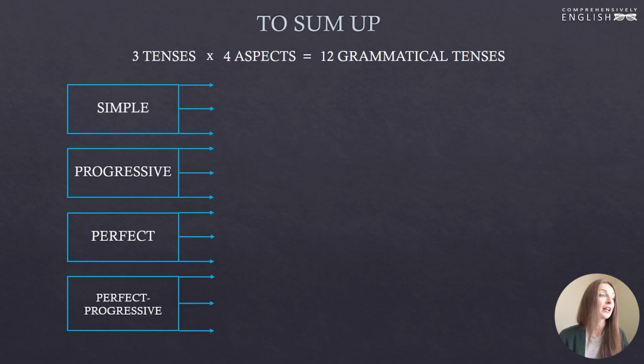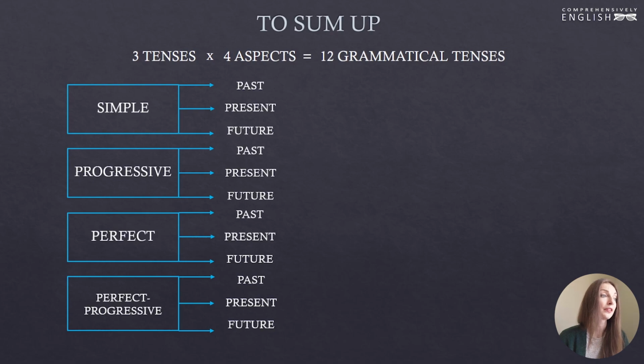Thus, we have the past simple, the present simple, the future simple, the past progressive, the present progressive, the future progressive, the past perfect, the present perfect, and the future perfect, and the past perfect progressive, the present perfect progressive, and the future perfect progressive. Here they are, our 12 grammatical tenses.